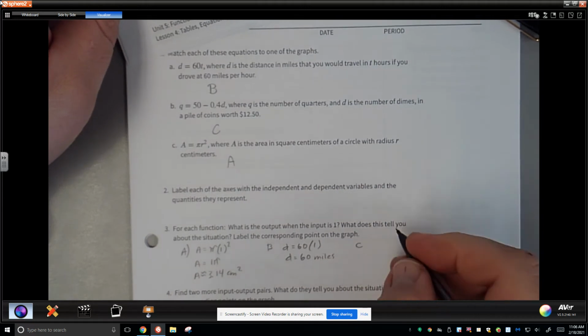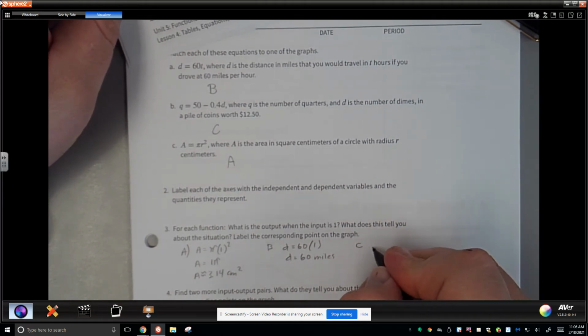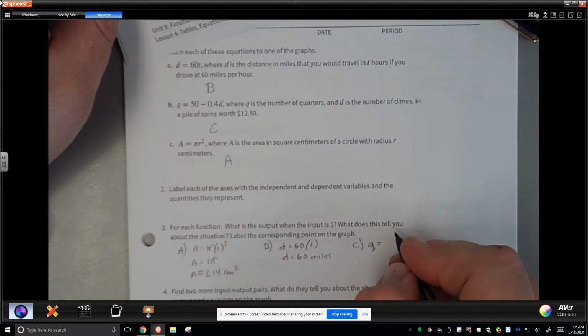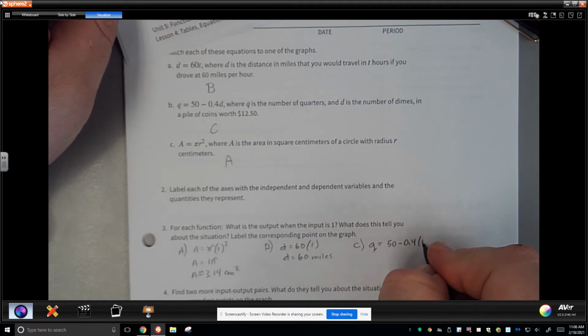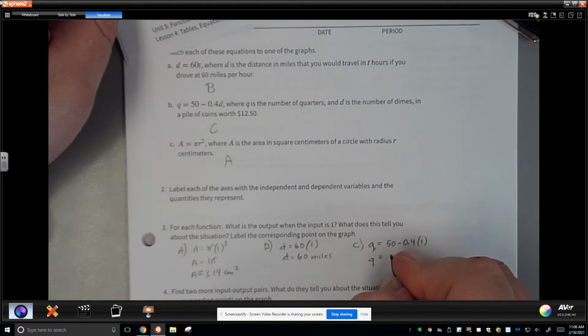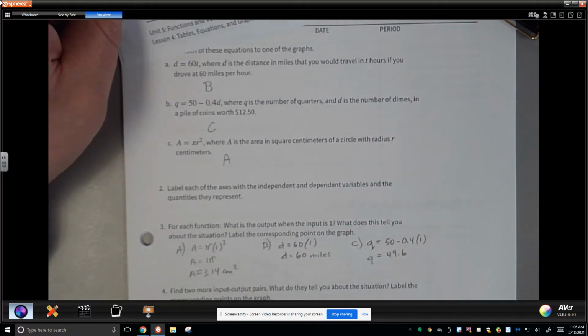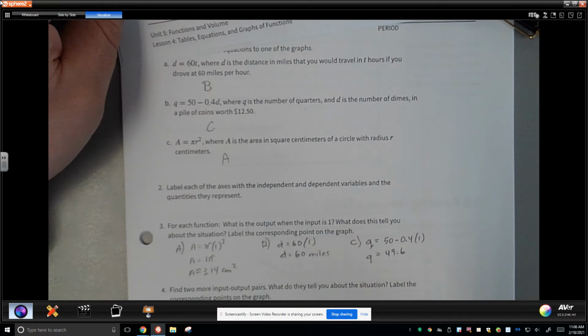And for C, we're talking about the number of quarters is equal to 50 minus 4/10 of 1, which means the number of quarters is equal to 49 and 6/10, which, all right, we'll talk about that one in a second.